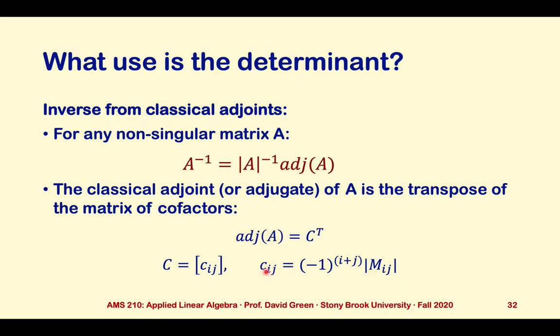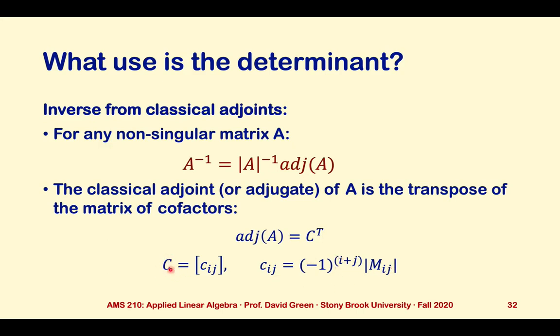The cofactor ij is the determinant of the matrix that we get when we delete row i and delete column j, so a slightly smaller matrix, with a sign defined by negative 1 to the sum of i and j. This is a number, a single number: the determinant of a matrix is a scalar, multiplied by a scalar.